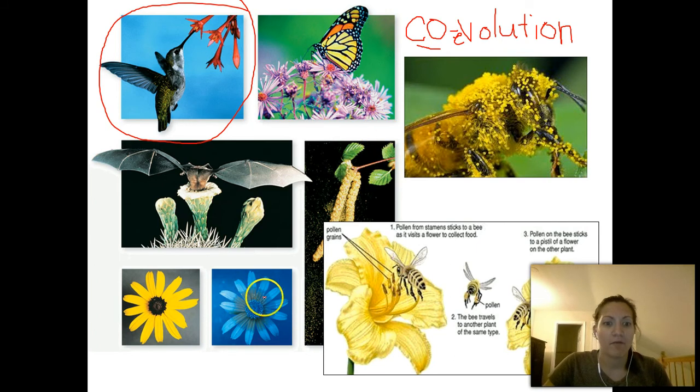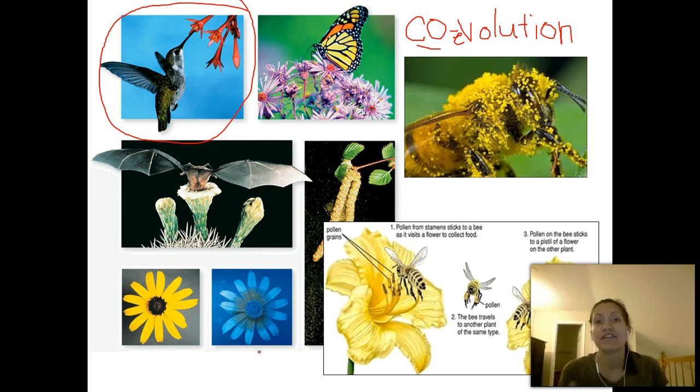So different flowers, even if you're like, well, this flower doesn't have any cool adaptations, it might not be shape, but instead color. So this is the same flower under UV light, which a lot of insects can see. So they might have some patterns that attract one organism over another organism.